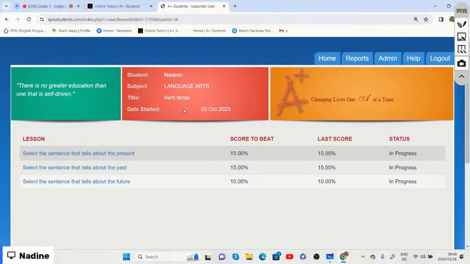All right. And remember, before we even go into one of these, it says present, past, and future.